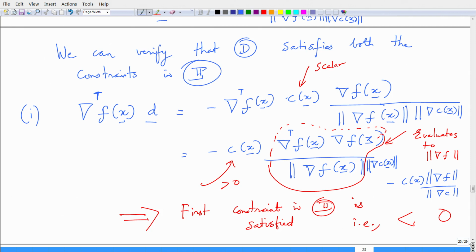C of x is greater than 0, and you have a negative sign sticking out here.